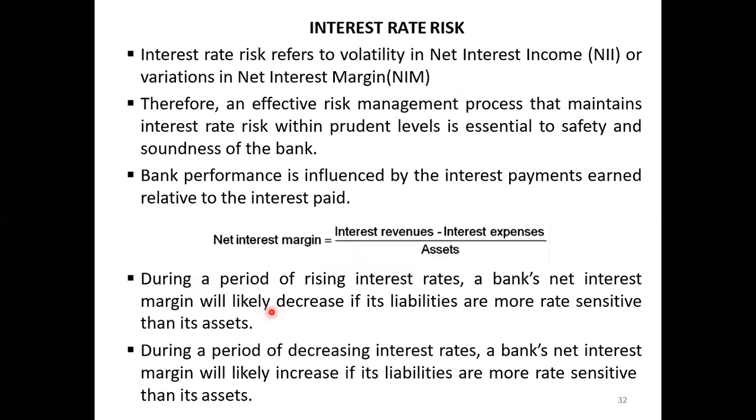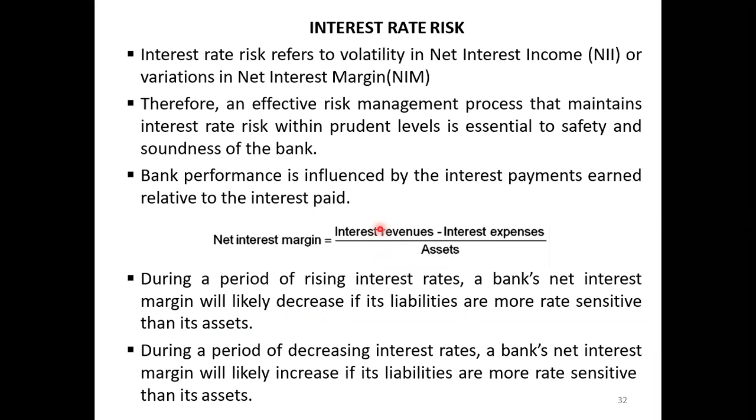During a period of rising interest rate, a bank's net interest margin will likely decrease if its liabilities are more rate sensitive than assets. Think about it: when interest rate increases, the net interest margin will likely decrease. How is it possible?